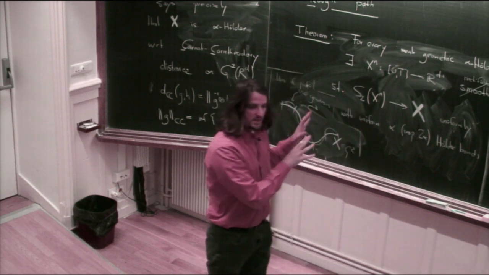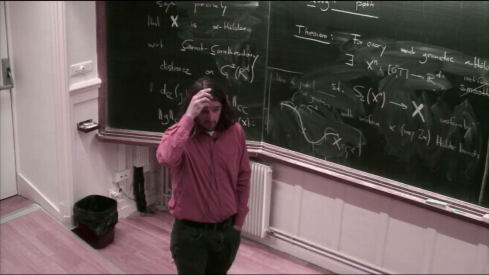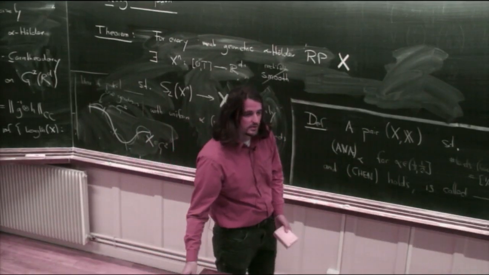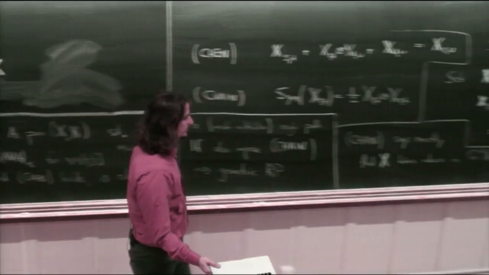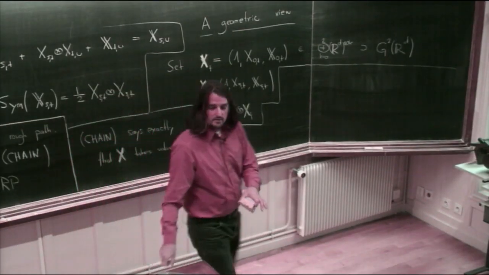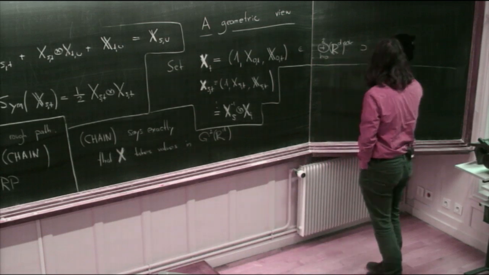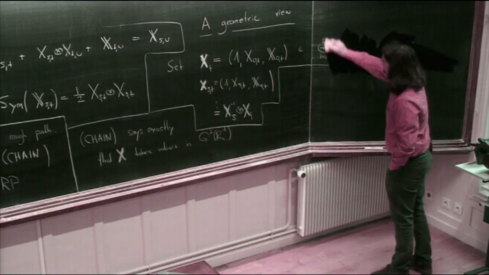So these are just definitions, but what do you do with this stuff? Rough integration is the first thing you want to do with it. And so at this moment, we take a step back from this geometric point of view, because what comes now is completely elementary.